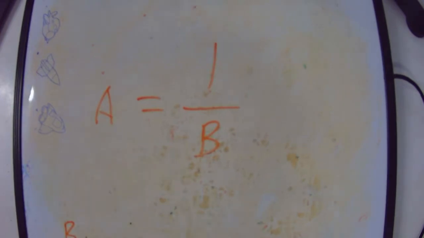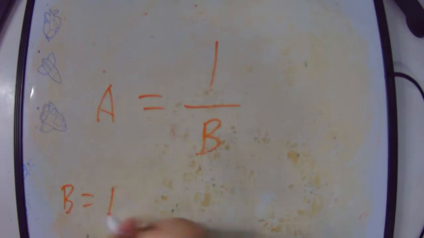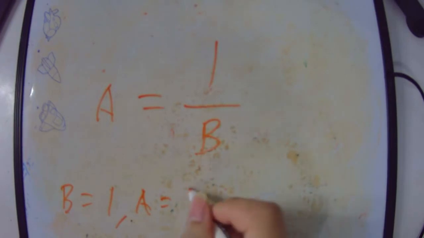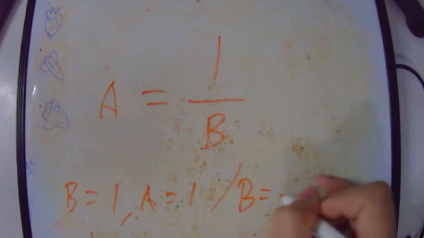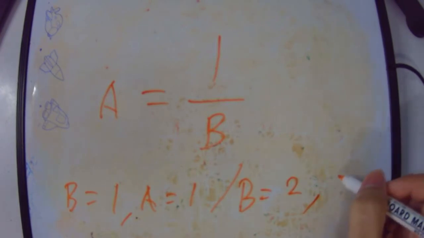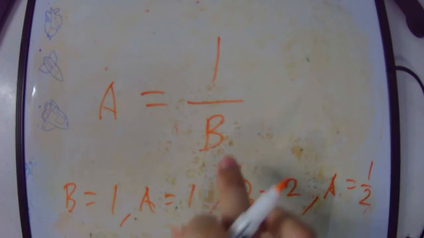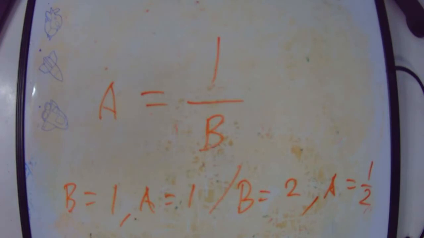Because, for example, if B equals 1, then A equals 1 divided by 1 equals 1, right? But if B equals 2, so this time B is getting bigger, A gets smaller, A becomes 1 over 2, and so on and so forth. So the larger B becomes, the smaller A gets. That's what we mean by inversely proportional.